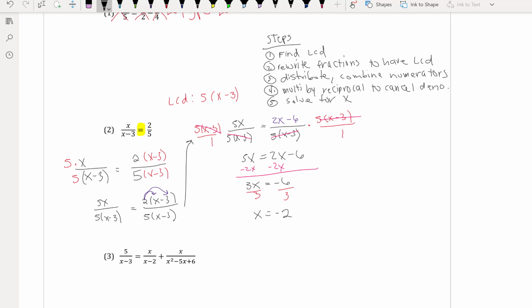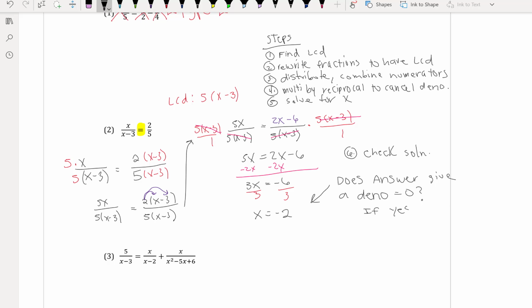Now, step number 6 is I want to check my solution. I want to make sure that this does not give me a 0 in the denominator. So ask yourself, does answer give a denominator equal to 0?